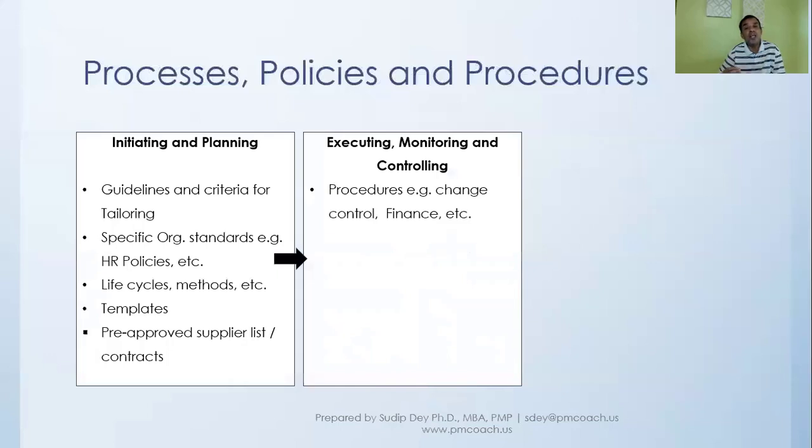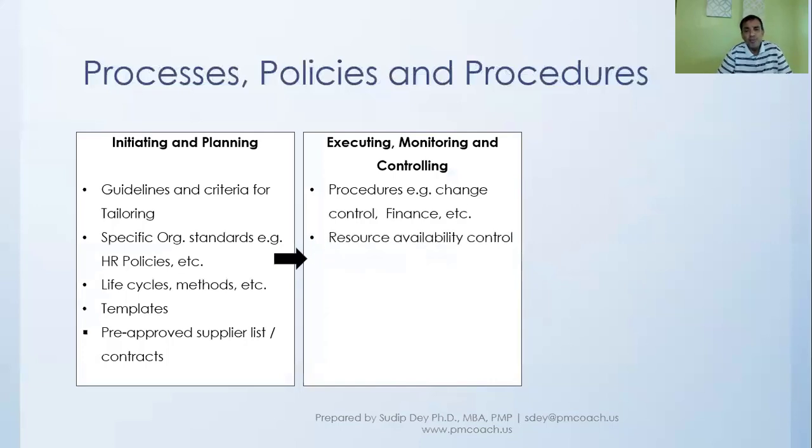And there will be set down processes that you need to follow if a change comes. Because when a change comes, you have to ensure that everything is in sync in terms of all the other requirements, in terms of the cost, in terms of time. You cannot just go and make changes. And we'll look at it in much more detail in one of the processes in the integration management knowledge area.